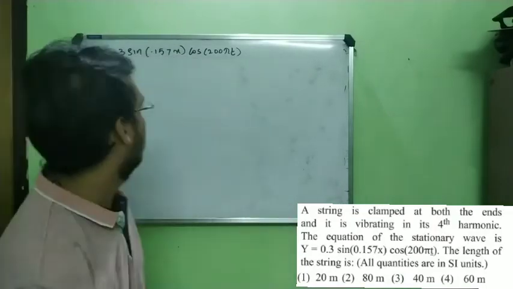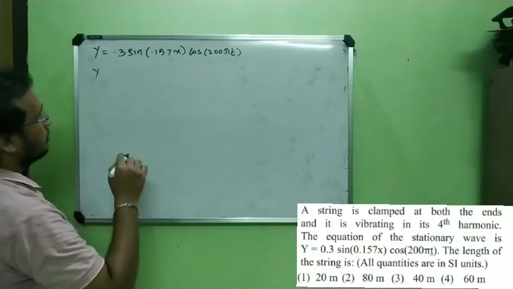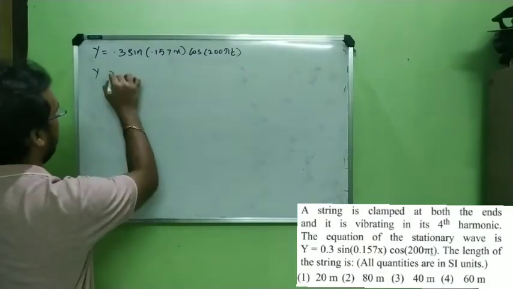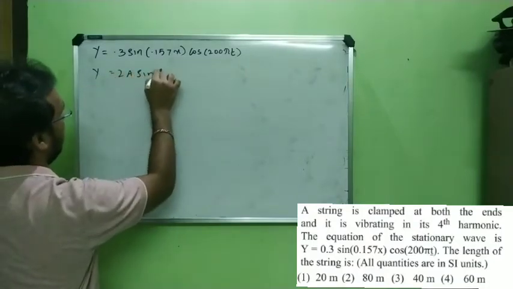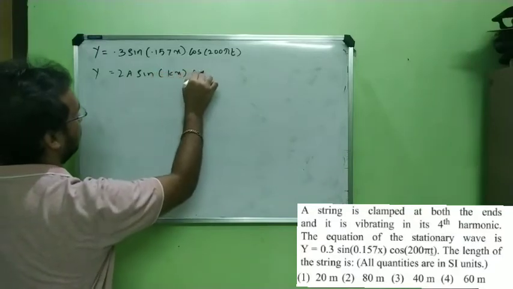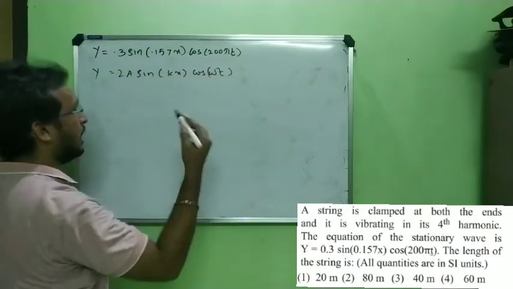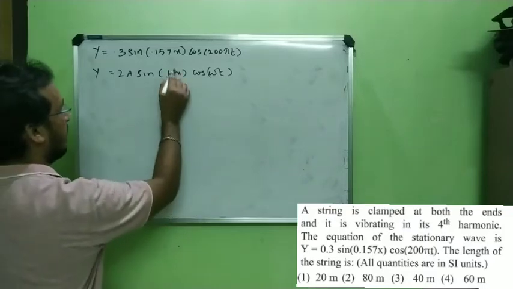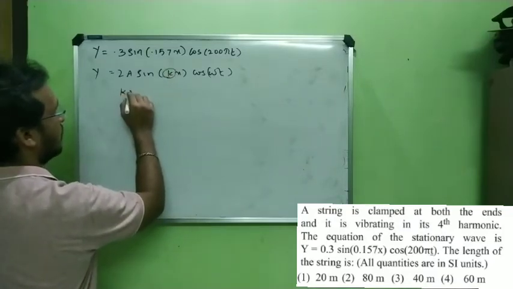Simple question, right? If you know the concept, it will be simple. We know the equation for a stationary wave is given by 2a sin(kx) cos(ωt). If you compare, you will get k. k means the propagation constant, right?